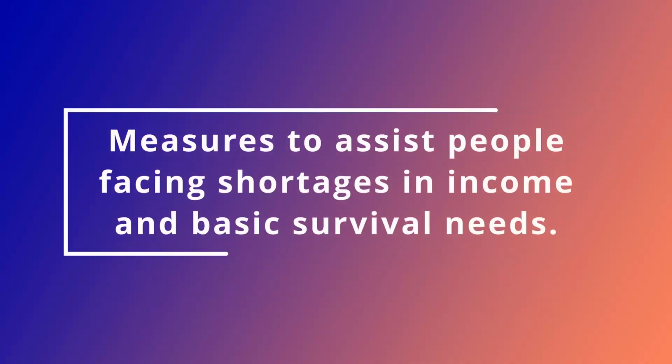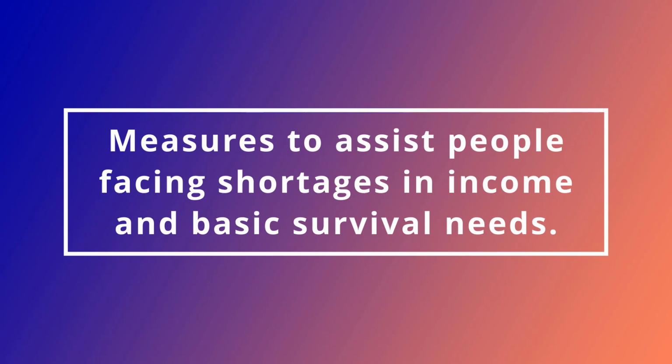Basically, we have to provide assistance in terms of income or in terms of some basic rights to the laborer, and we provide these in terms of social security, that is, the basic survival needs for the workforce.